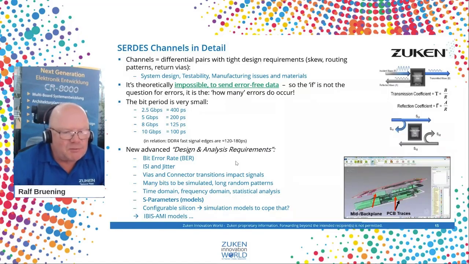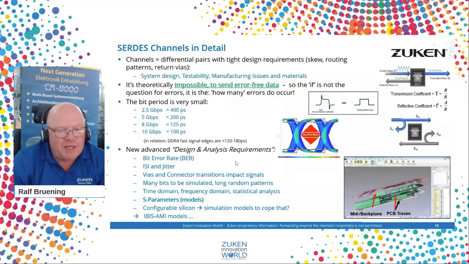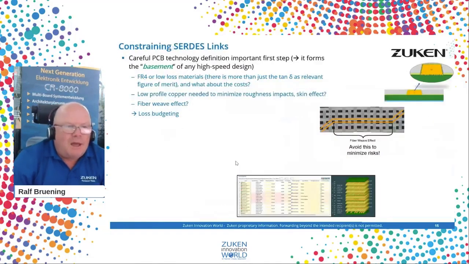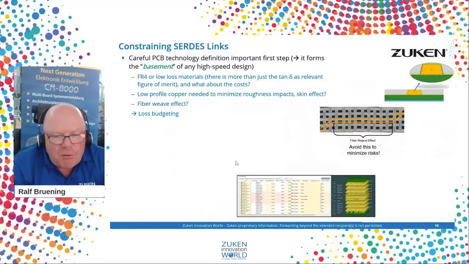We need many bits to be simulated, and we have the smart silicon, which has been addressed by industry already a couple of years ago by introducing IBIS-AMI models. And we have requirements, demands on selecting, defining the PCB technology.